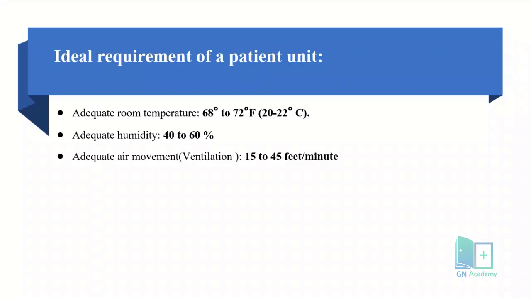Remember, evaporation of moisture from the skin depends on the ventilation. That's why the adequate air movement or ventilation should be maintained at 15 to 45 feet per minute, or 1 to 3 miles per hour.